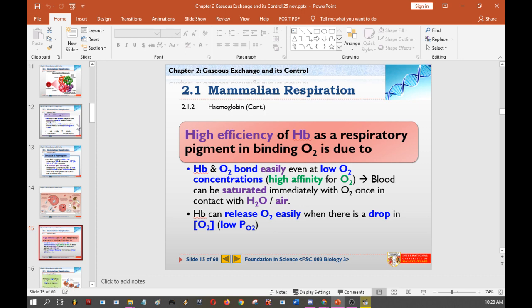The other 70-odd percent is nitrogen gas and other gases, but somehow we are able to survive on this Earth. Why? Because hemoglobin is so good, it has such a high affinity for O2. So imagine if we were living on another planet with even 10% O2, we still could survive. Hemoglobin can also really easily release O2 when there's a drop in O2 itself.